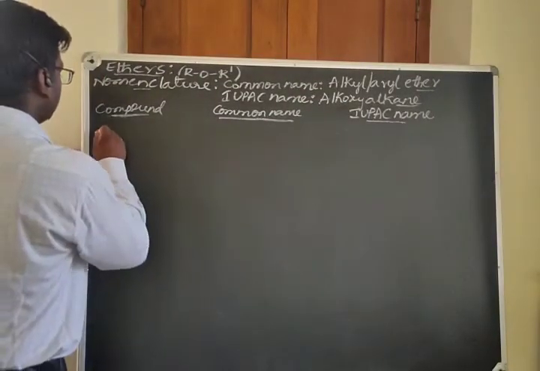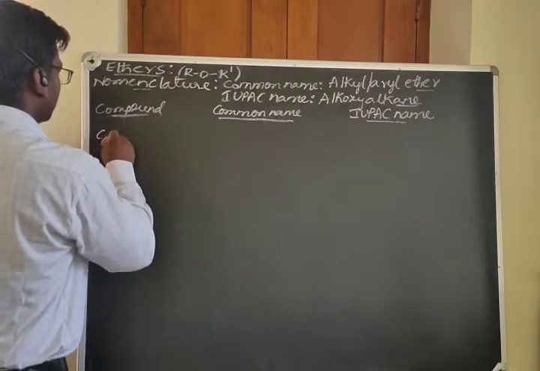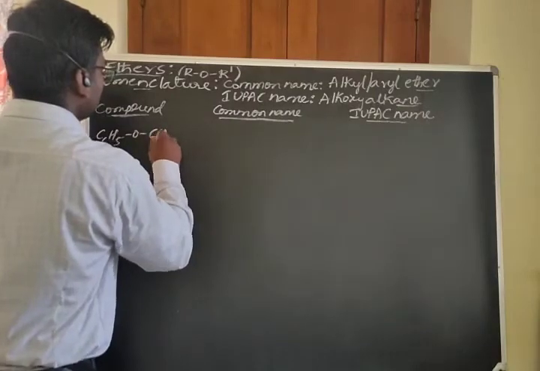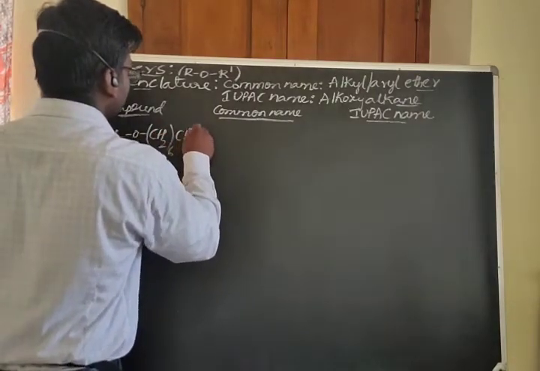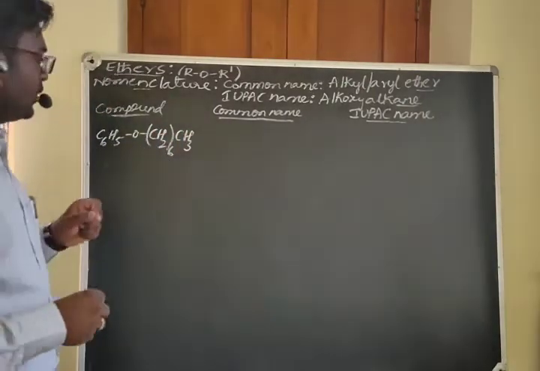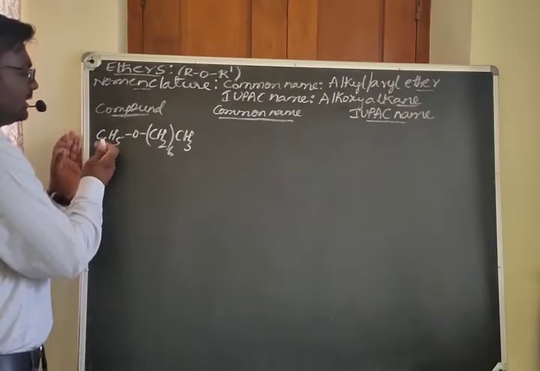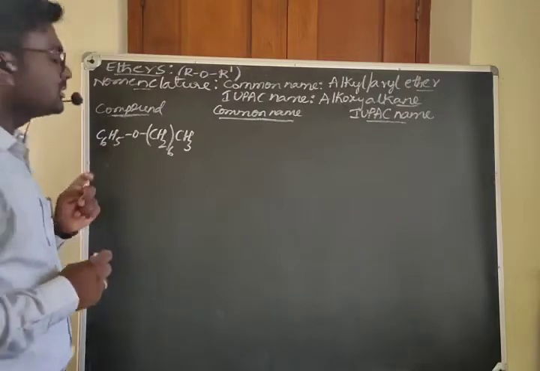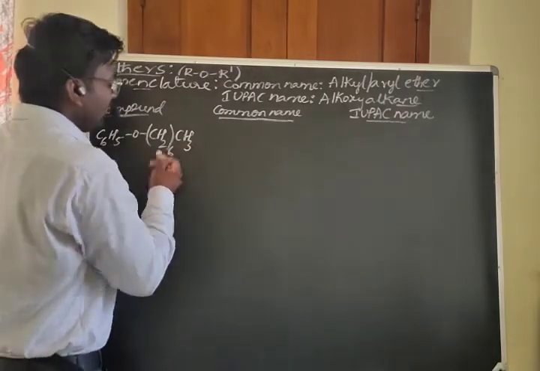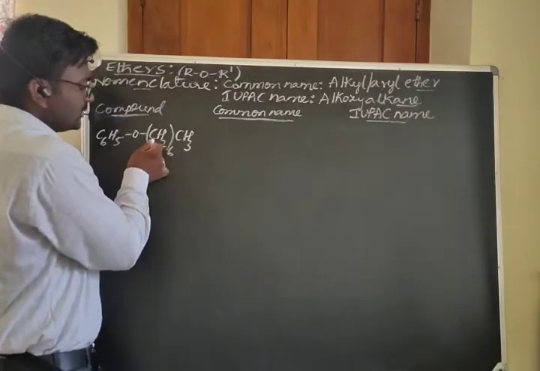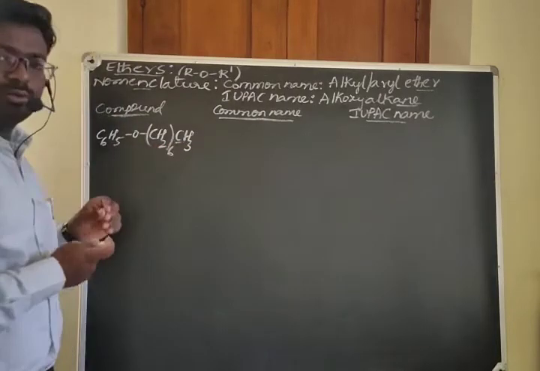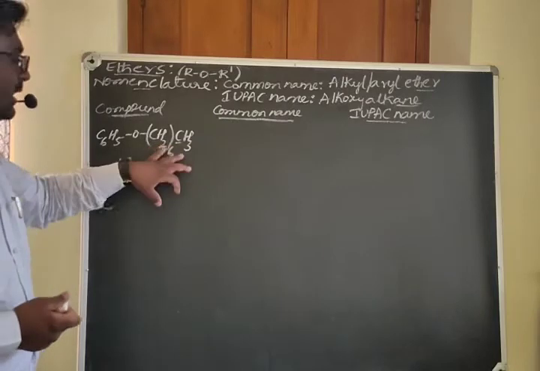For example, take C6H5O and (CH2)6CH3. You are observing that in the phenyl ring you have 6 carbon atoms, and in this alkyl part 6 into this C1 is 6 carbon atoms, along with that this carbon, so totally 7 carbon atoms in the alkyl part.